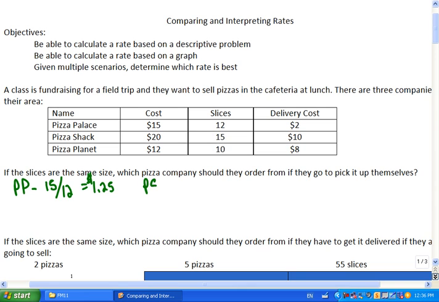The Pizza Shack, sorry, it's $13. Okay, we'll leave it at $13. And $1.20. Pizza, well, I guess I'll have to call it Planet, is $12. There's 10 of them, so it'd be $1.20.